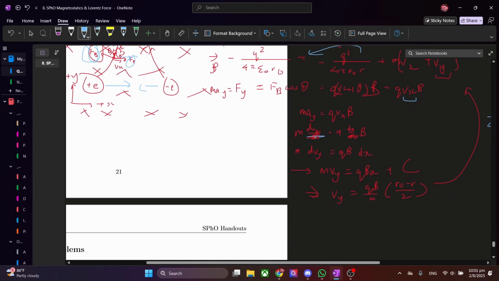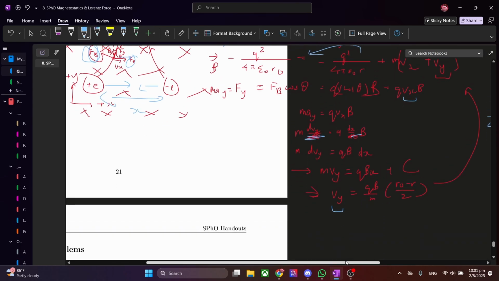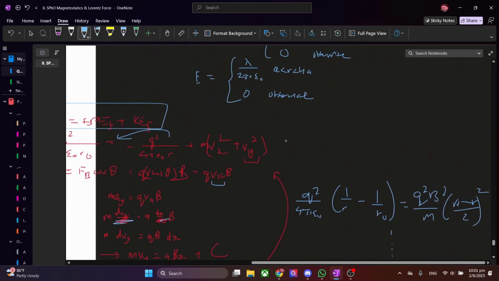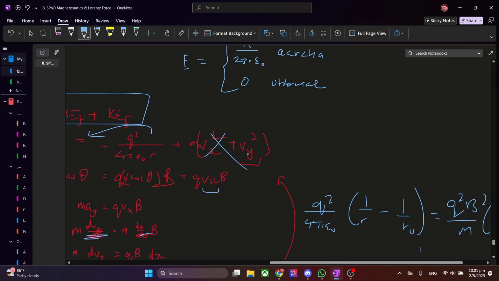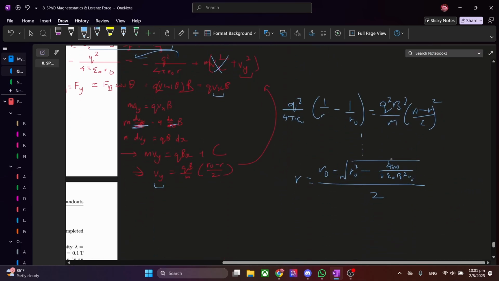Then from there, we eliminate the time dependence. We can integrate to get Vy in terms of this distance x between them. We can solve to get Vy in terms of that. And then we can substitute back into the conservation of energy with the condition that Vx is 0 at the minimum distance. We solve and we get the distance.